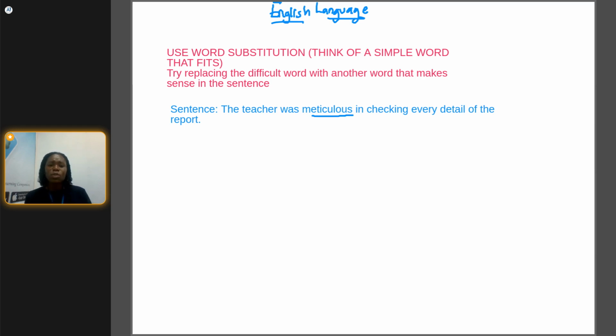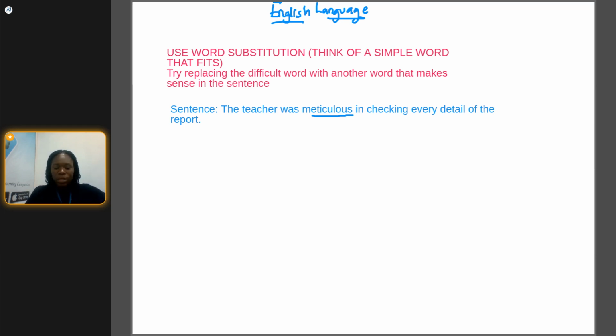How do we substitute meticulous for a simpler word? Maybe in your head you're trying to think, what does meticulous mean? I think I've read meticulous from somewhere, but you can't figure out what that word really means. Now you need to choose a synonym or an antonym to replace this word.